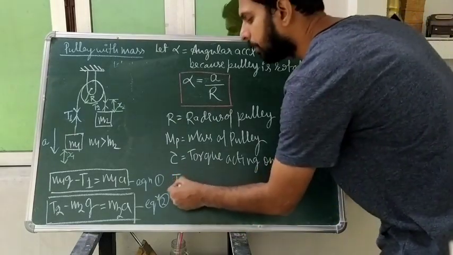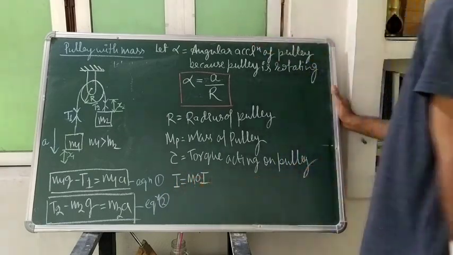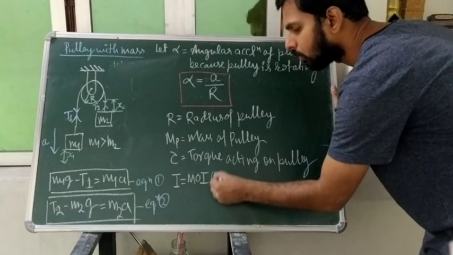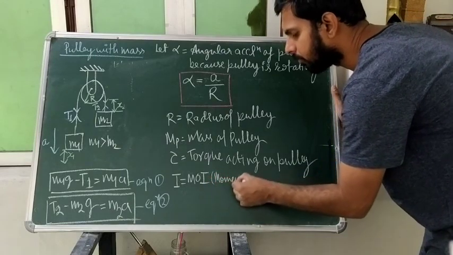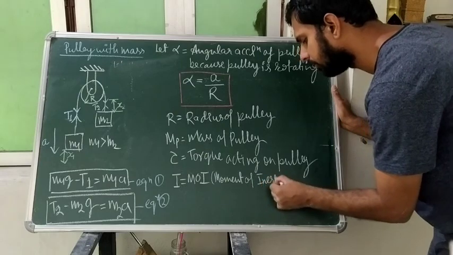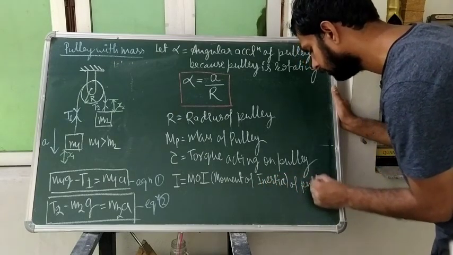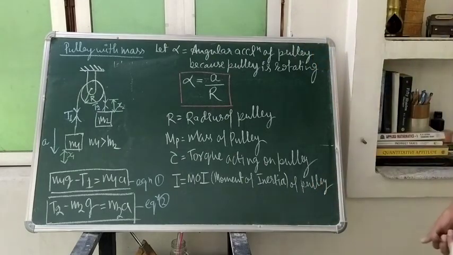And capital I is the MOI, the moment of inertia of the pulley.